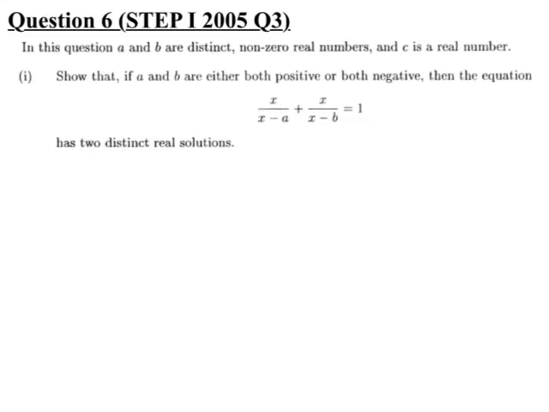Okay, so for part A, we're going to multiply through by both denominators. So the numerator of the first fraction and the numerator of the second fraction.